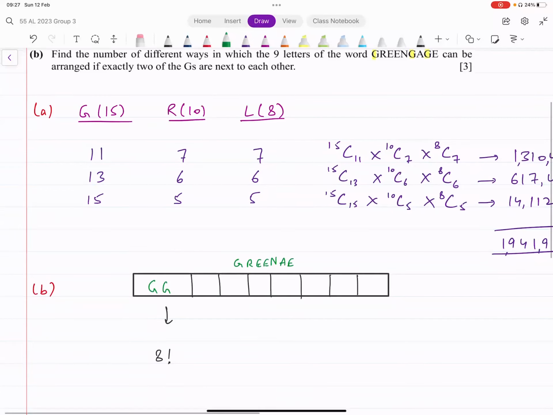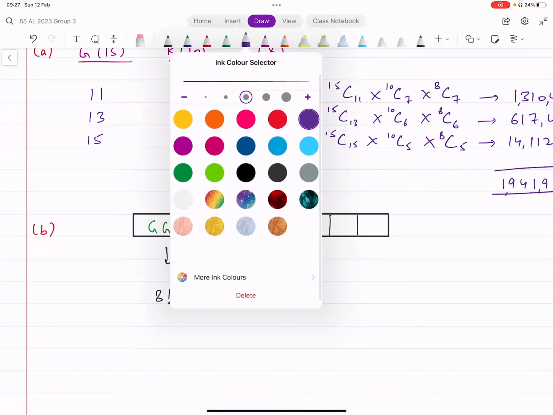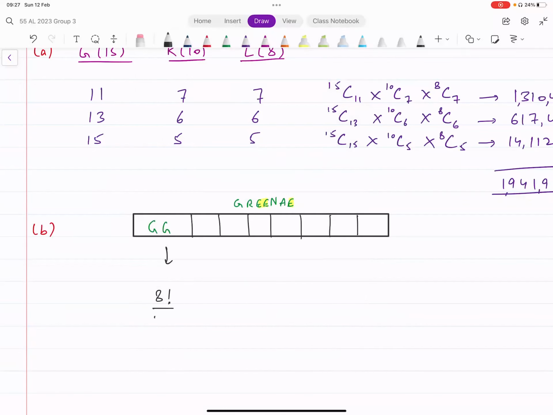So out of these 8 boxes that you have, how many are identical? This is 2 G's and this is 1 G. So they are not identical. Okay. We have 3 E's. We could divide by 3 factorial. Because of that, let's say आपने 3 factorial से divide कर दिया to account for those repetitions.